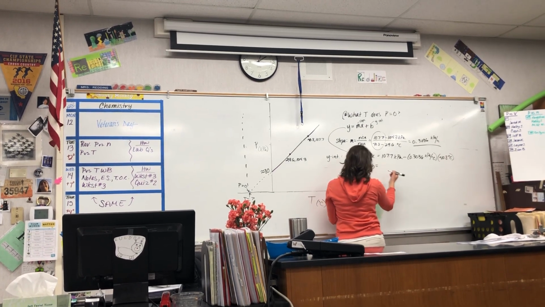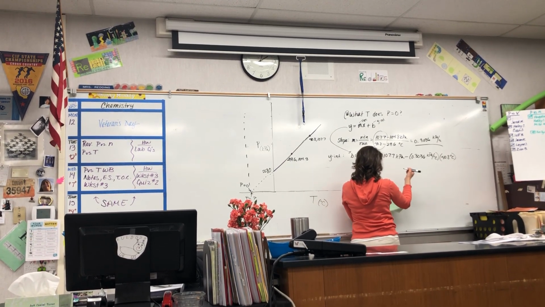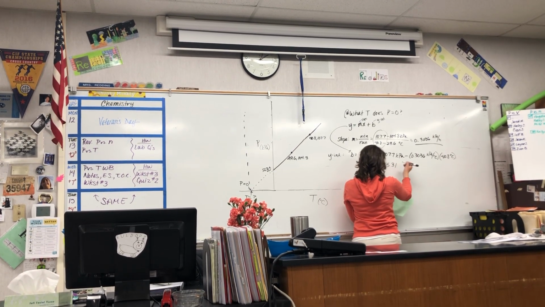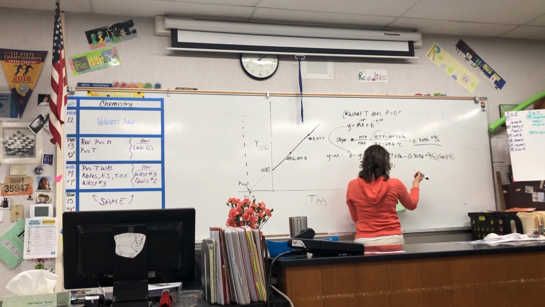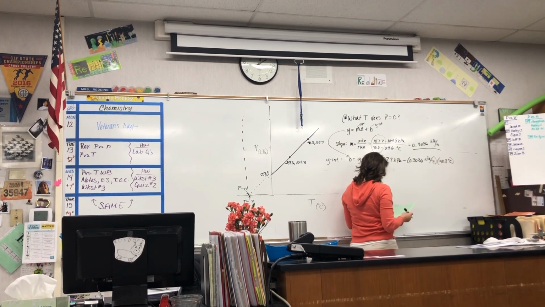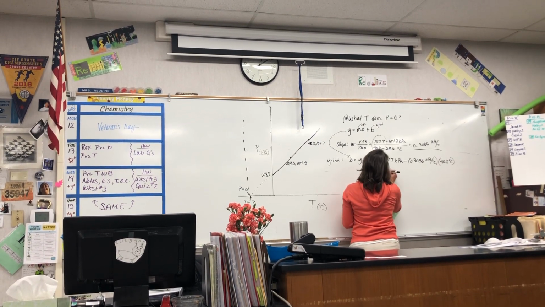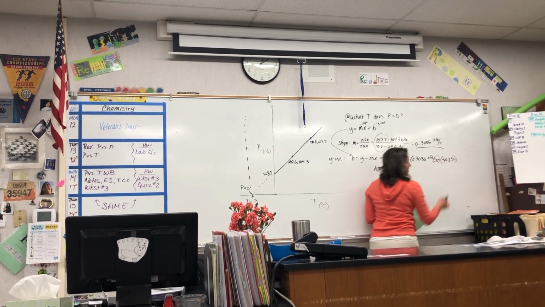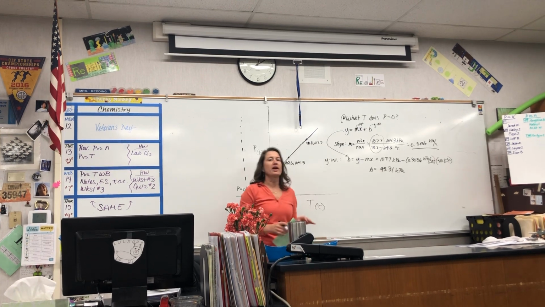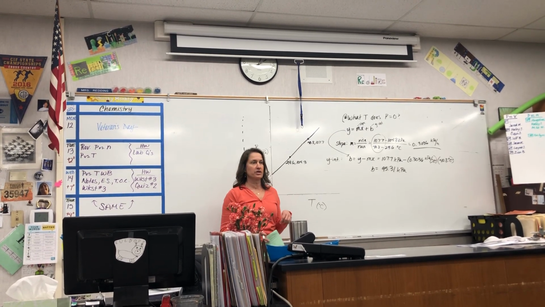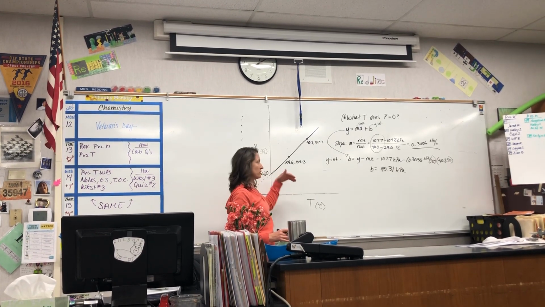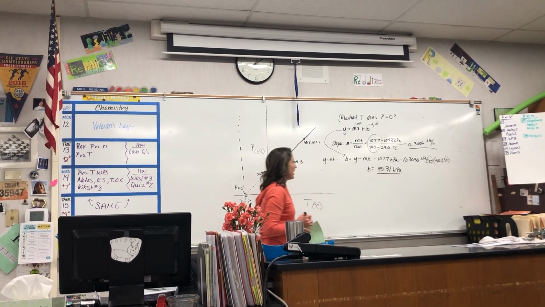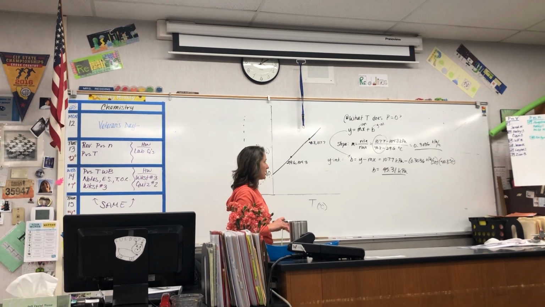So B would equal 95.31 kilopascals. Wait, sorry, hold on a second. Oh, that was right. Those cancel out. Again, I'm not going to ask you to do this on a test. It's just so that you can understand why this is not proportional. We can do better. All right, so now I have my y-intercept.